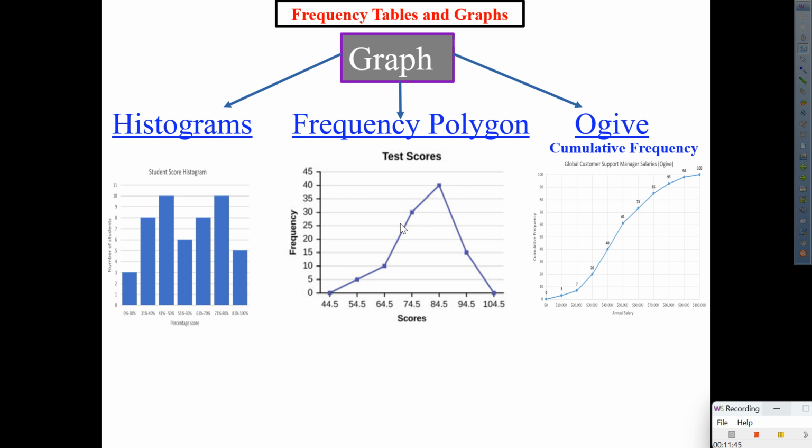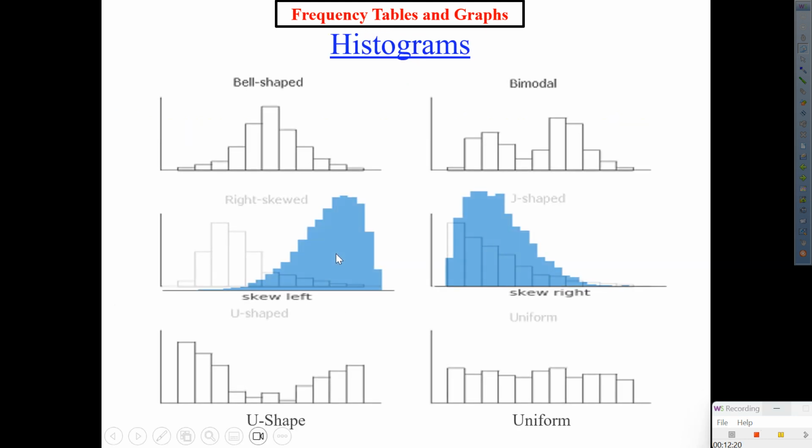All right. Now, let me just talk a little bit more in regards to histograms. You've probably seen these before in different ways and shapes, and you've probably seen them in the news, in your social media feed from time to time, and they look like this. Look up. You don't have to copy this. There's some that are bell-shaped, and notice, does that look like a bell? Yeah? And we've been working with our bell curves, right? So here it is, bell curve, kind of.